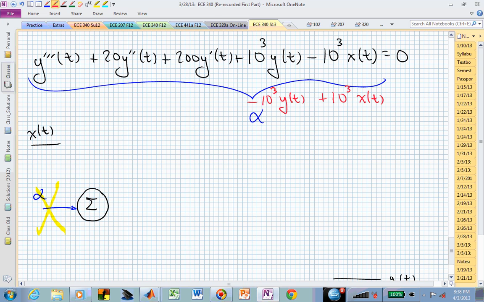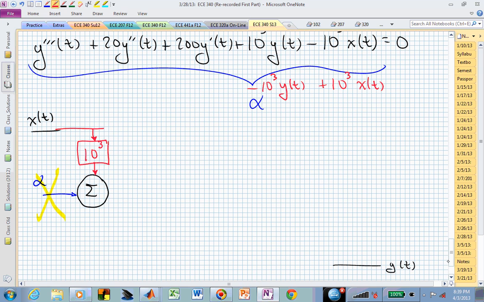If I put that into the block diagram, I take 1,000 and use that to scale x of t, and I add that to alpha. I'm also taking y, scaling it by 1,000, changing the sign, and putting that into that summing junction.